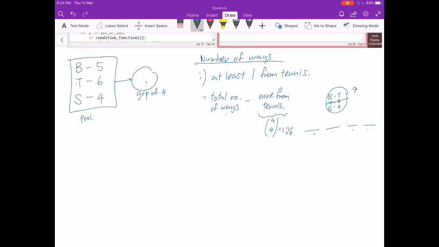Okay, now we go and find our total number of ways. Total numbers of ways, 4 people. Now I'm using my original pool. Pool size equals 5 plus 6 plus 4, that gives me 15. So 15, just choose 4 without restriction, equals 1,365.